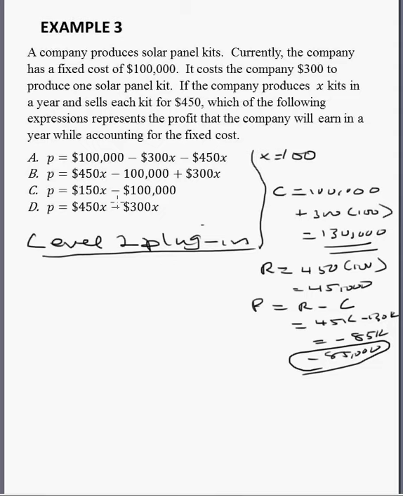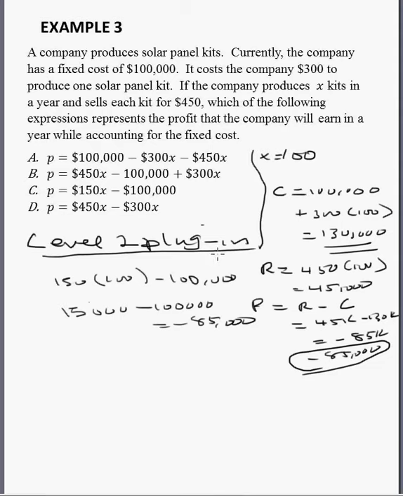When I plug in C, so let's try C, because I want you to play with this and see what I'm doing. For C, I get 150 times 100 minus 100,000, so this gives me 15,000 minus 100,000, and this gives me negative 85,000. So obviously my answer is C.